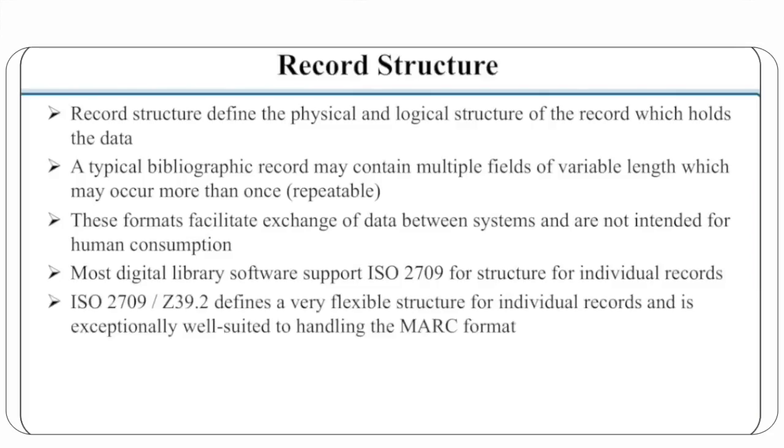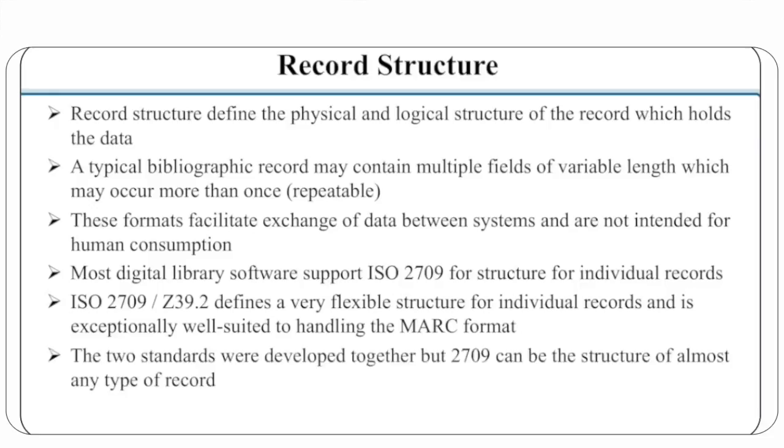ISO 2709 or Z39.2 defines a very flexible structure for individual records which were originally developed for tape storage. However, it is exceptionally well suited for handling the MARC format. The two standards were developed together, but 2709 can be the structure of almost any type of record.